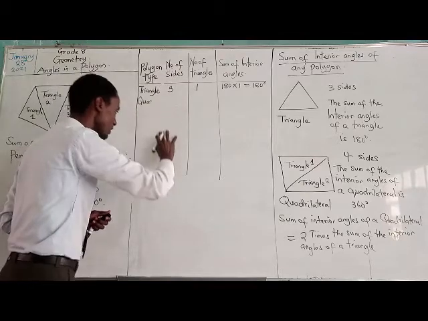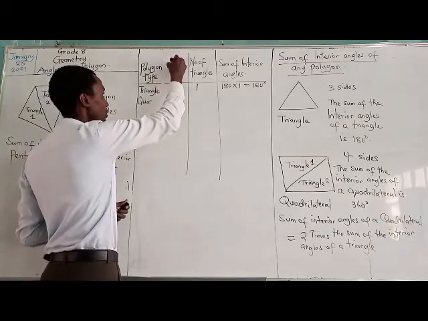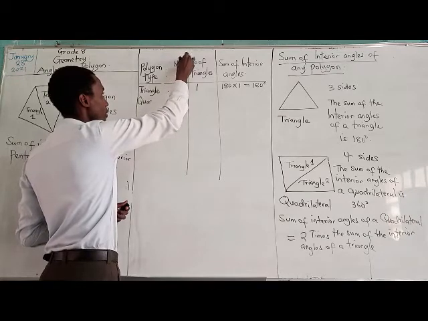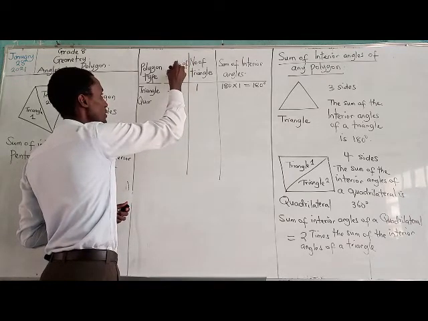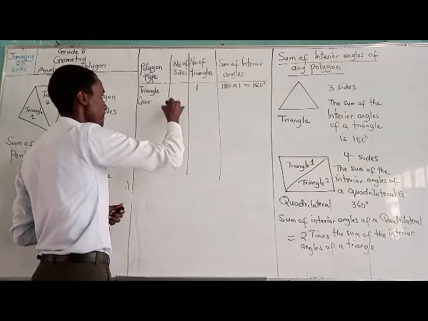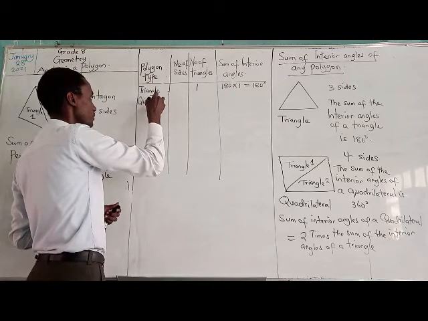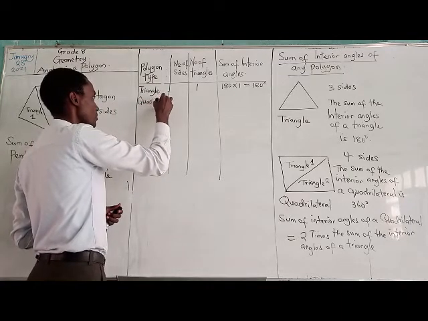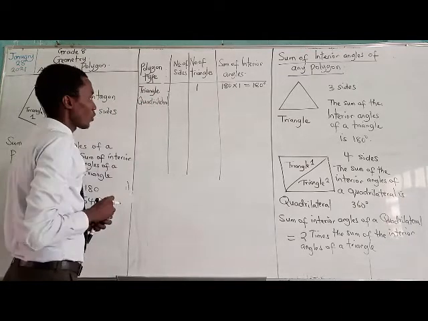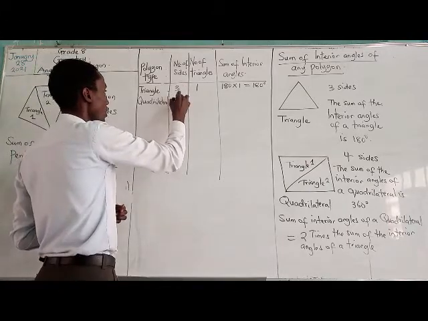Let's open up this part a little more. Number of sides. So quadrilateral. This will be 4.